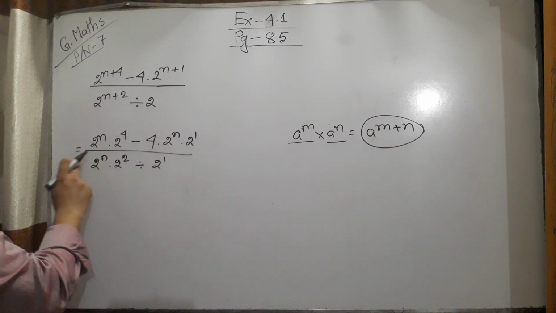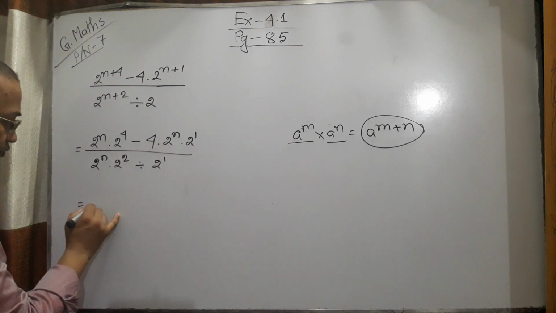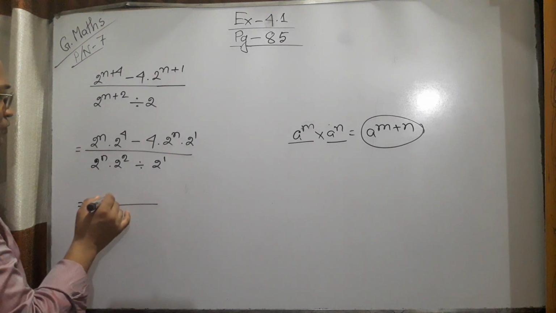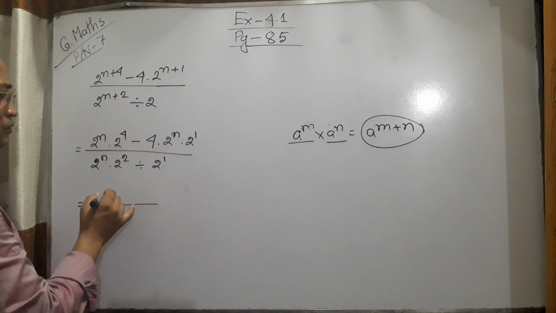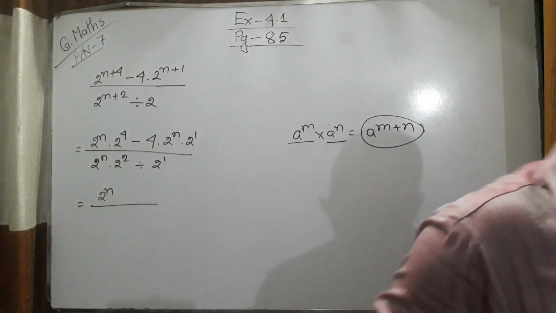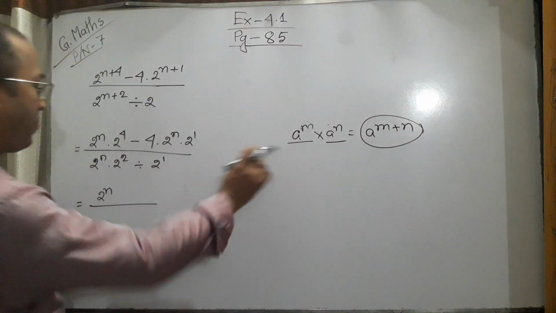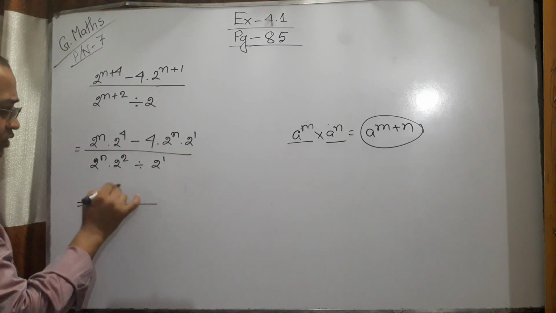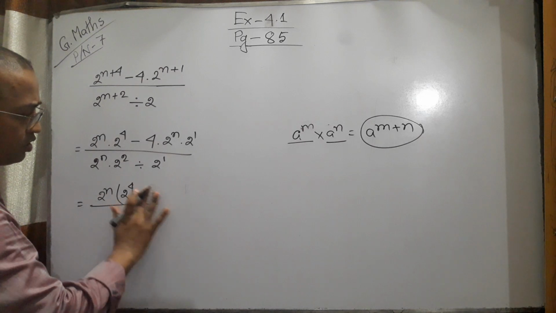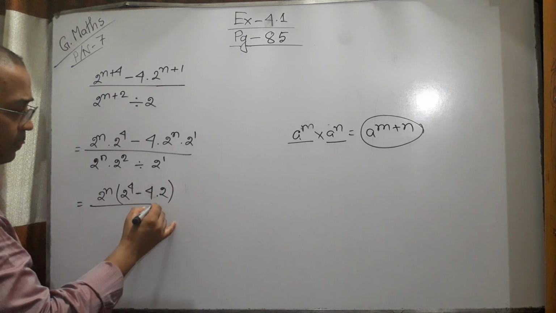Now look, we can take 2^n common from here. So it remains 2^4 minus 4 into 2, since 2^1 means 2.